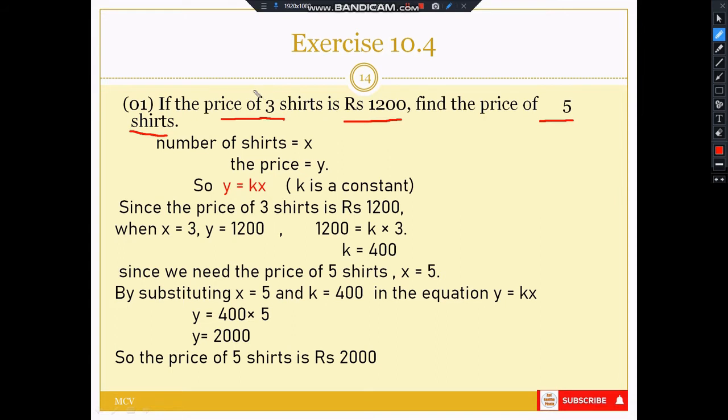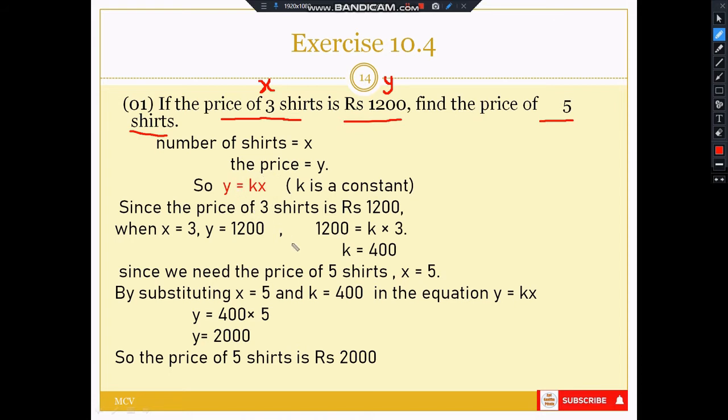Therefore, x is 3, 3 shirts. Price is 1200. Therefore, y is 1200.